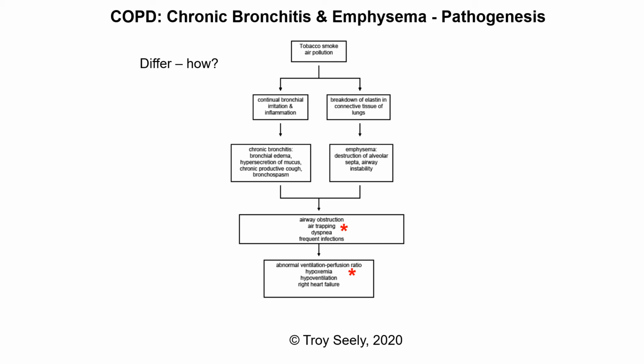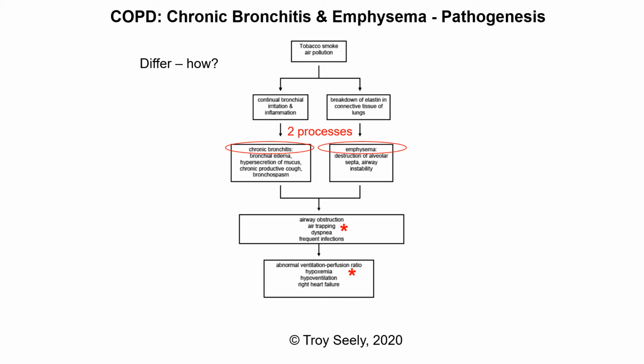In looking at the progression and how these two things will differ, we have two different processes that are beginning to develop. If you're smoking, you're likely to have continual bronchial irritation and inflammation. So those tubes, the bronchioles that are going down, that are not involved in air exchange, but are involved in the ventilation, the movement of air, start to become inflamed.